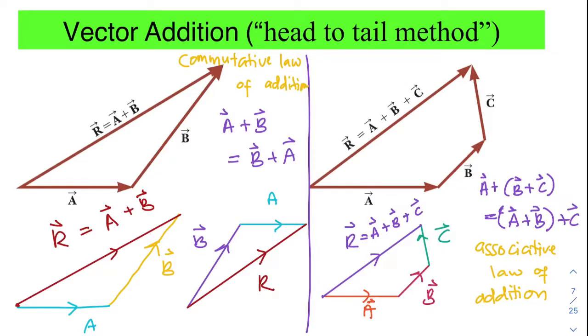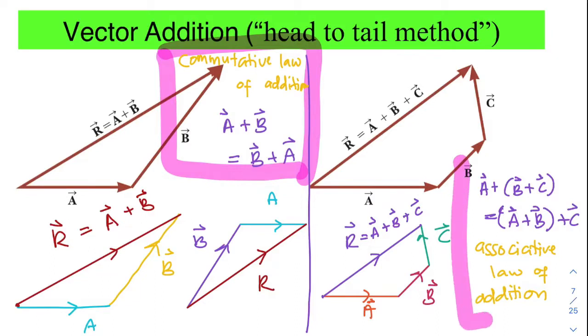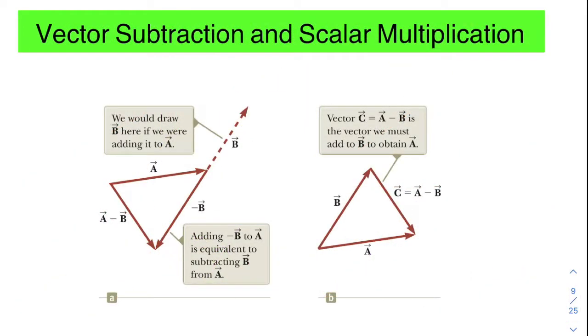Okay, what I'm referring to is this. Vector subtraction and scalar multiplication. So if, let's say, you want to do A plus negative of A, you will get what? 0, right?